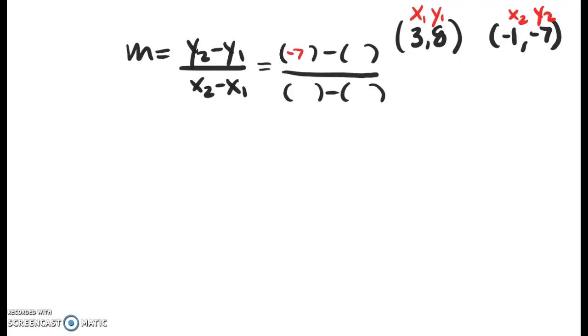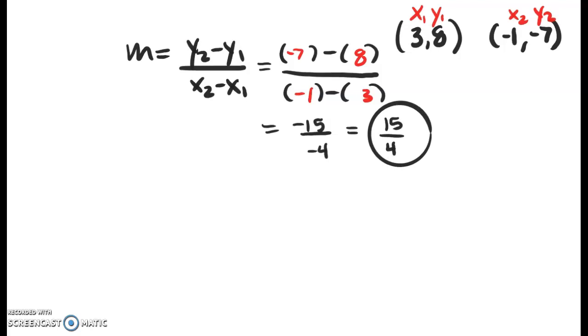So -7 - 8, and then -1 - 3. On the top, I would get negative 15. Negative 7 minus 8 is negative 15. And negative 1 minus 3 is negative 4. Two negative signs divided by each other become positive, and the slope here would be 15 over 4. And then I would simplify if I could. I can't reduce this any further, so that is the slope there.